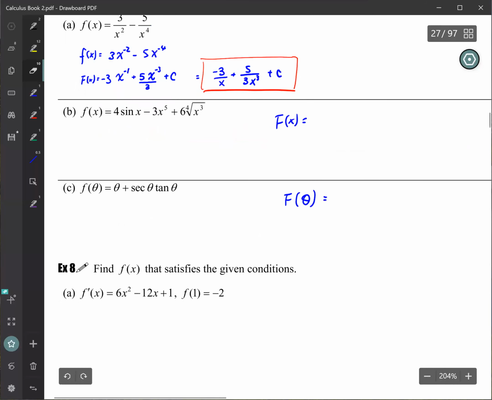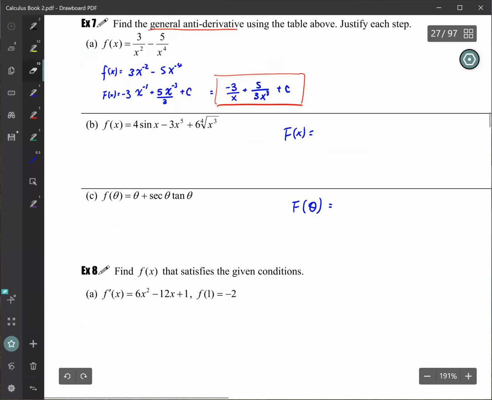Okay, let's check the answer for B first. Lex, can you tell us your answer for B? Negative cosine x. Oh, okay, hold on, let me change it.